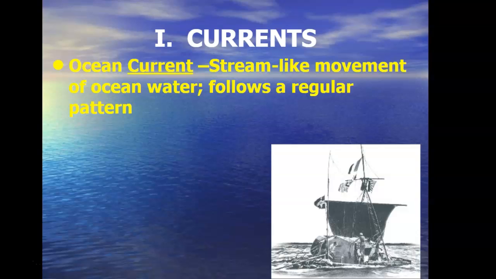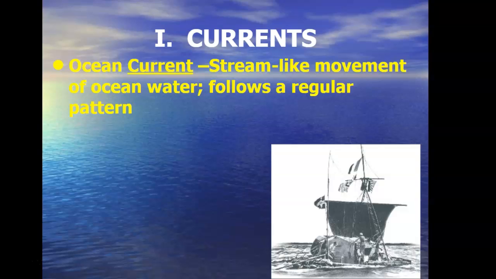Thor was theorizing that ocean currents existed in the ocean, and no one at that time had that theory. So this was his experiment to be able to test and see if those ocean currents truly exist in our oceans.